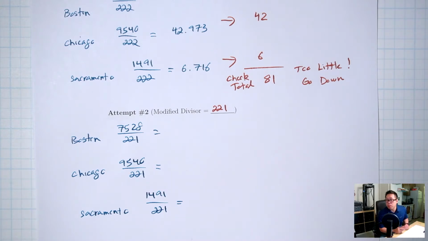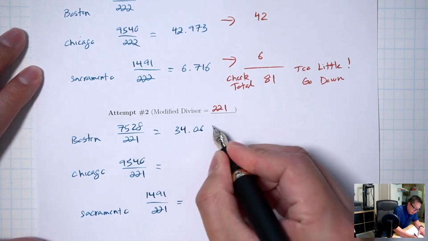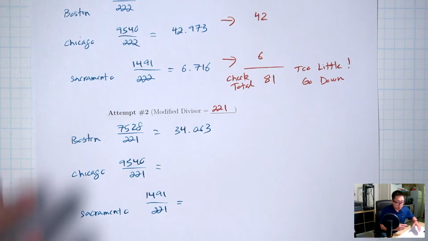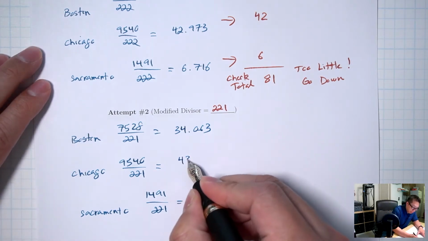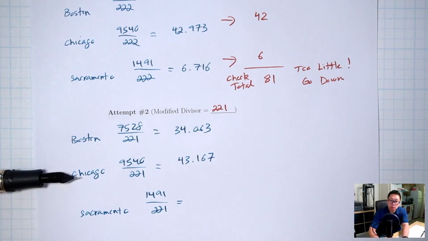This is 34.063. 9540 divided by 221 is 43.167. 1491 over 221 is 6.747.